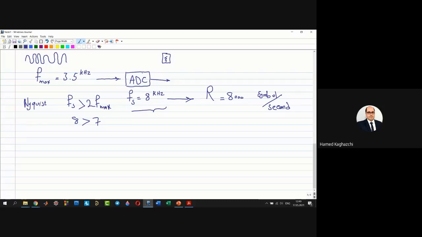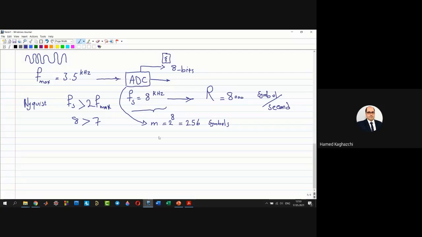If my ADC quantizes each sample using 8 bits, it means that my ADC has 2 to the power of 8, which is equal to 256 different symbols. The ADC can produce 256 symbols.